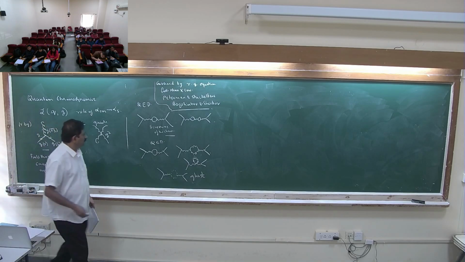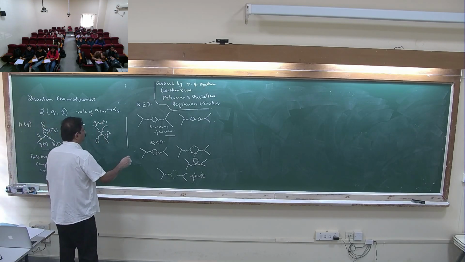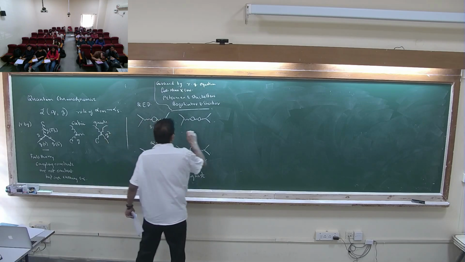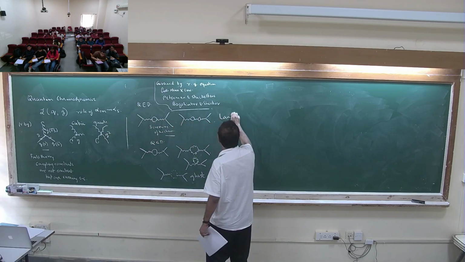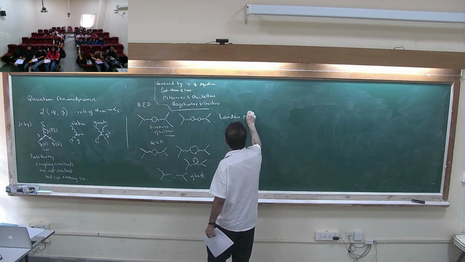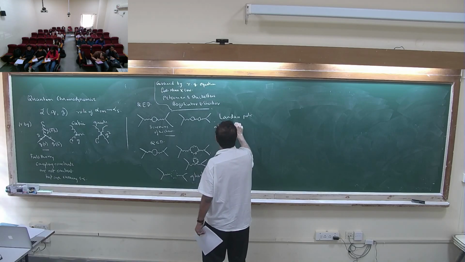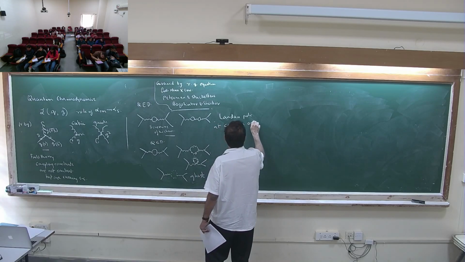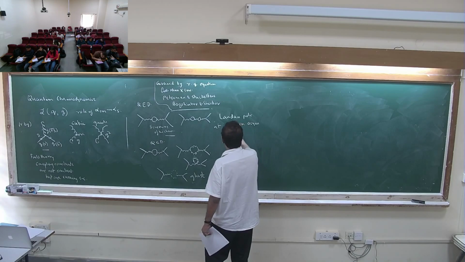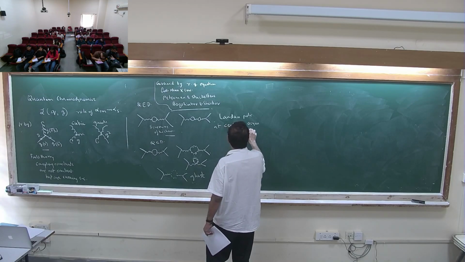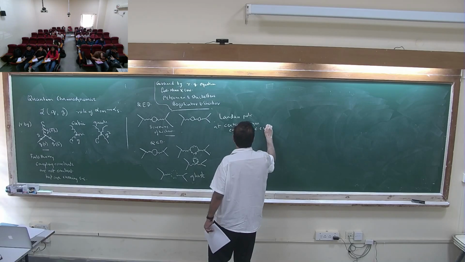Now wait. So this is a theory here which has a problem. It has something called a Landau pole, which says that at certain large asymptotic energies, the coupling constant will go up.